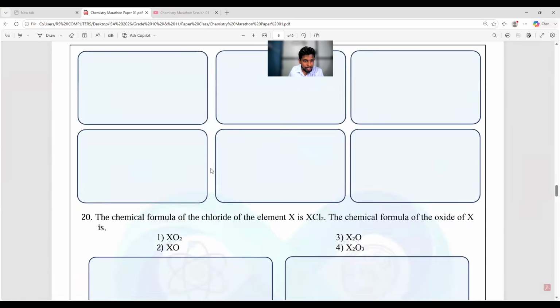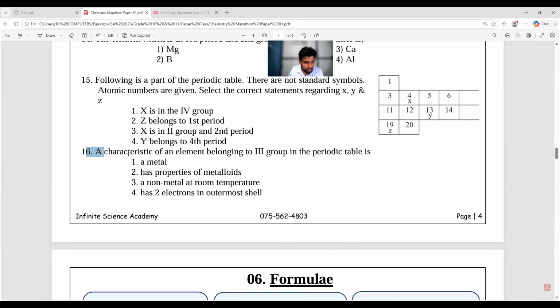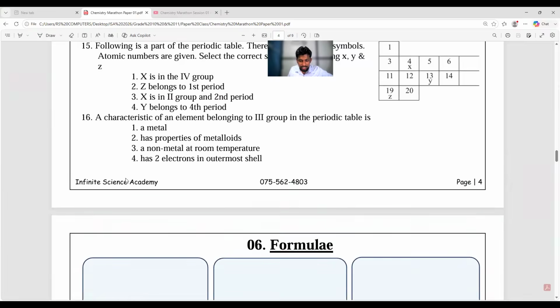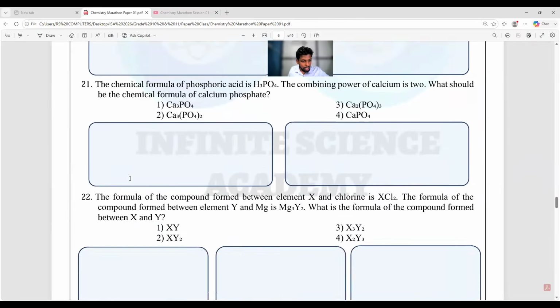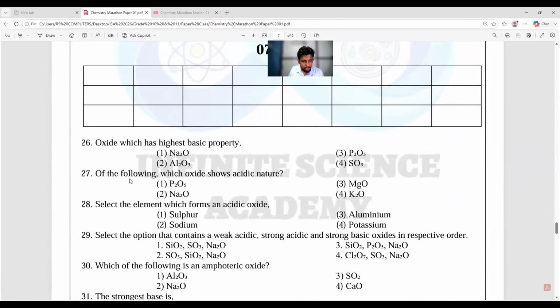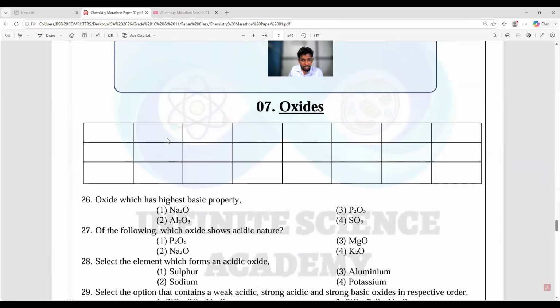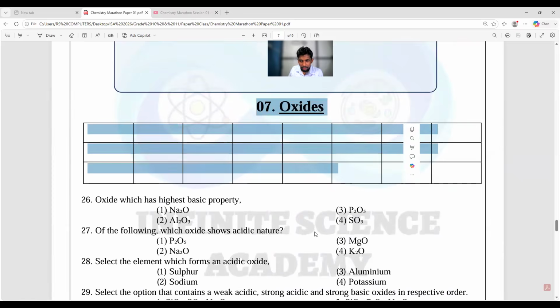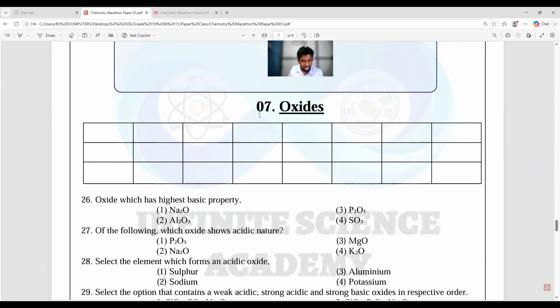Because we have skipped it directly. The last question that we discussed was question number 16, right? And without discussing questions 17, 18, 19 and the rest, we moved to the oxide part. So come to page number 6. You may have a chart like this on page number 7, a chart for the oxides.